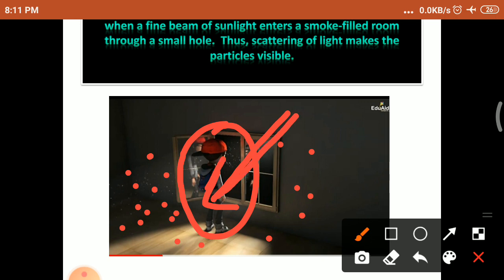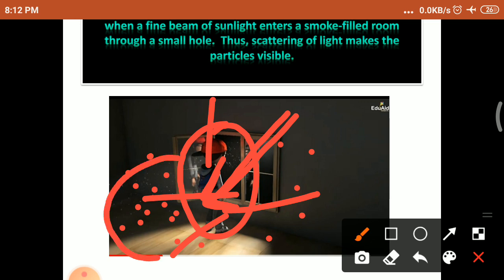When the light enters the room, it hits the particles. When the light falls on the particles, it is scattered. Due to that scattering, we can see the particles in that room. So this effect is called Tyndall effect.